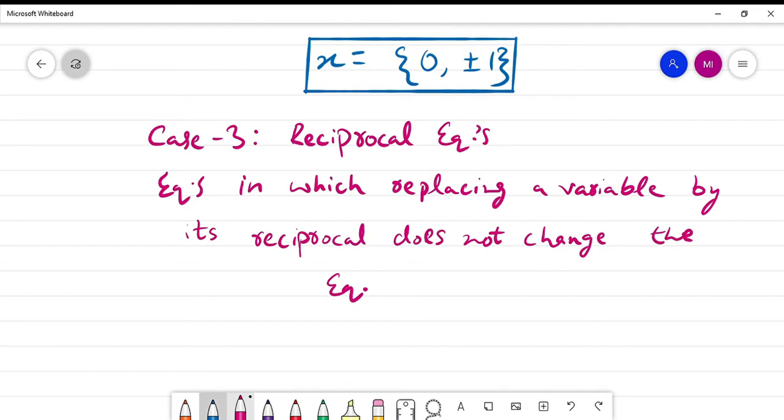So, if we replace x by 1 over x, we're going to be left with the same equation.